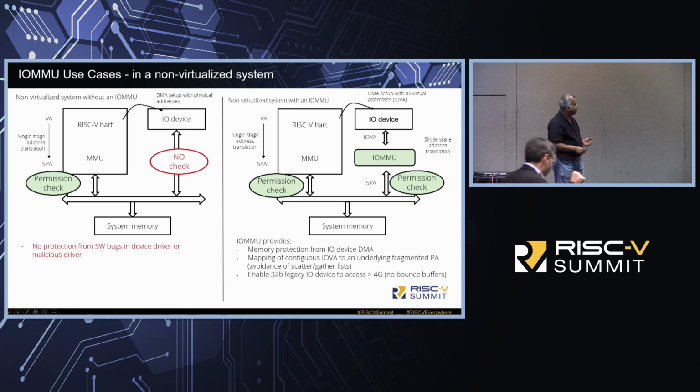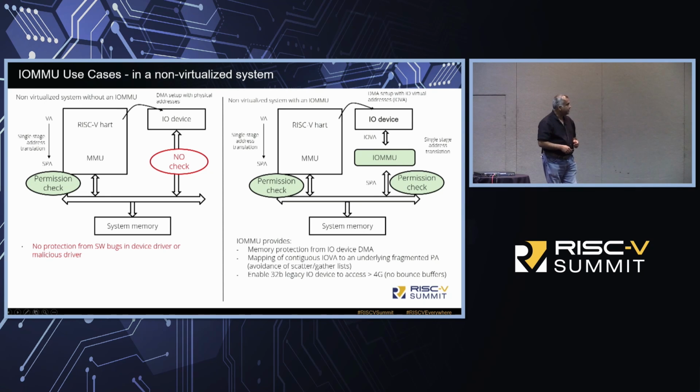Now, if there was no IOMMU, then this software can program an I/O device to perform memory accesses, and those accesses will go through to the system without any checks. So you don't get any protection from software bugs or malicious devices being plugged into your machine, and so on.